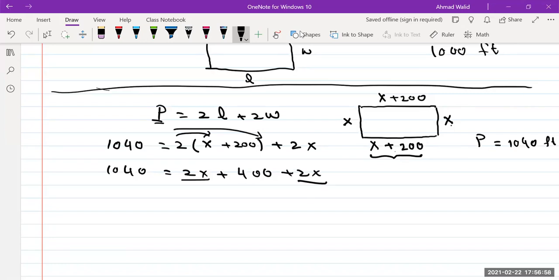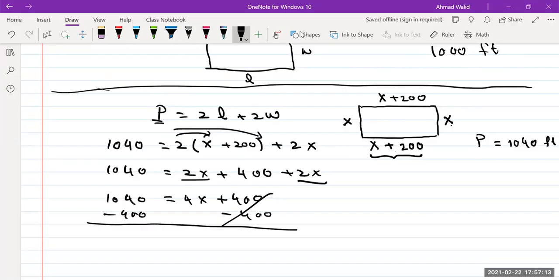Of course, we combine like terms. 1,040 equals 4X plus 400. Subtract 400 from both sides. Then 4X equals 1,040 minus 400, which gives you 640.